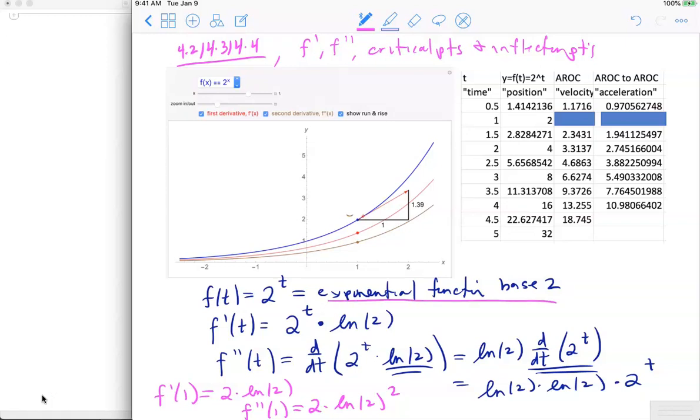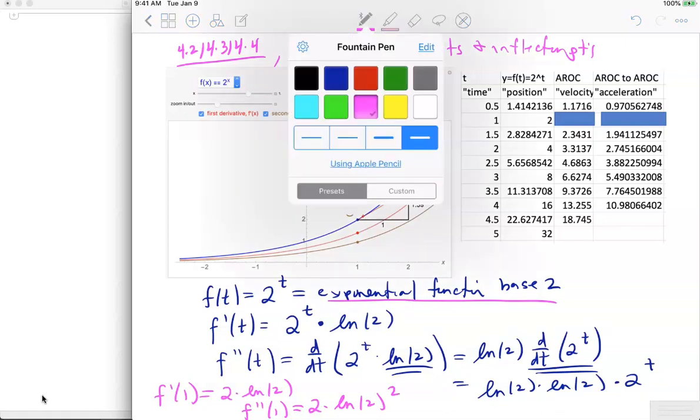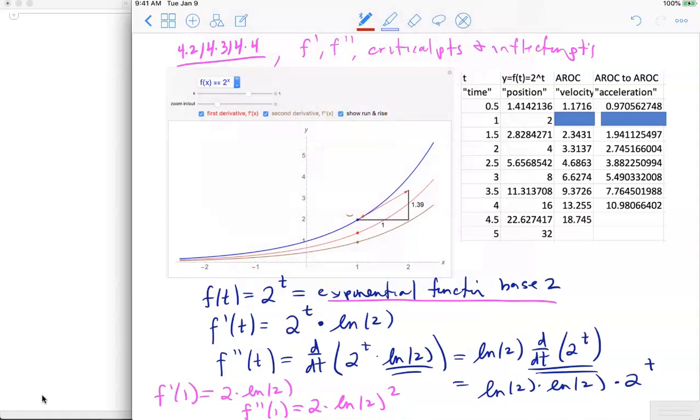What we want to do is look at that in terms of the graphical values and the numerical values as shown above. What we're seeing here is when we computed the derivative at 1, we got 2 times the log of 2. What it means to take the derivative of a function is we look at its tangent line and at the slope of that line, and the slope of that line is 1.39.